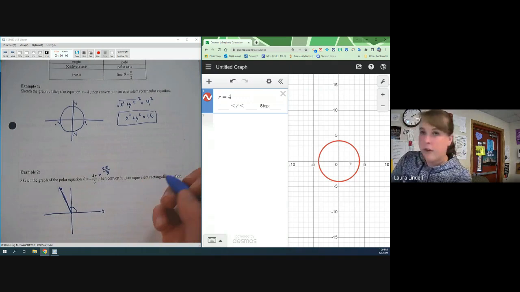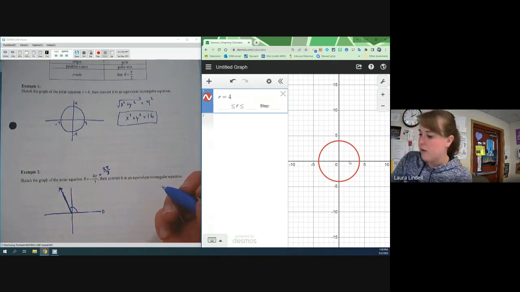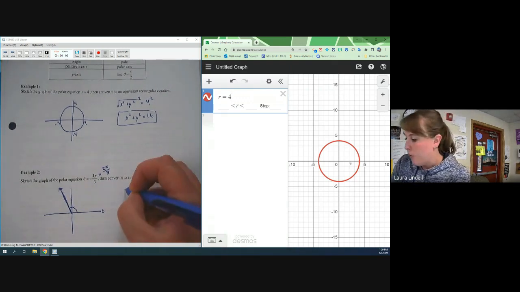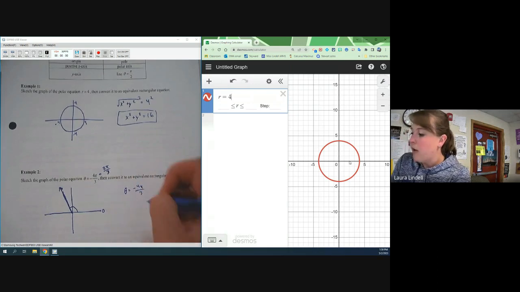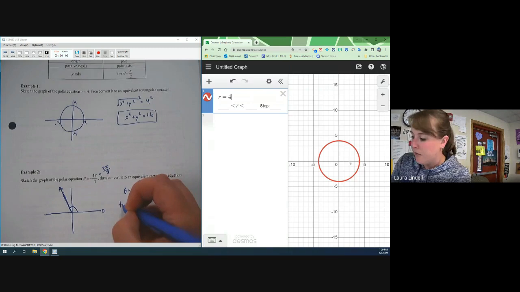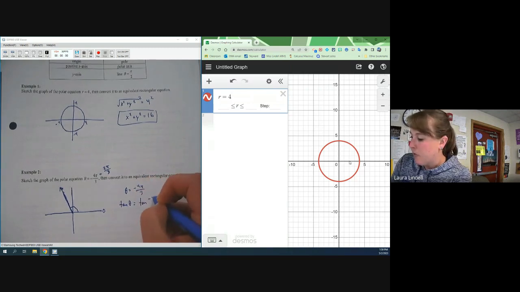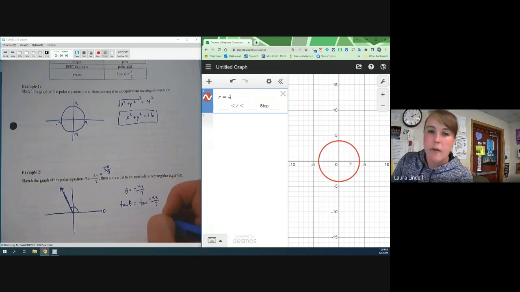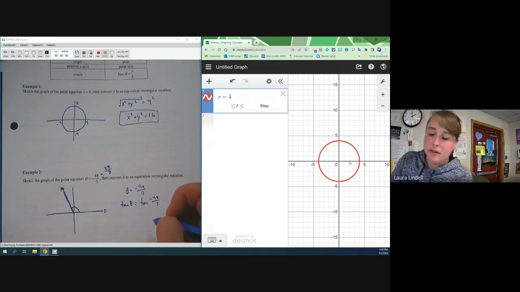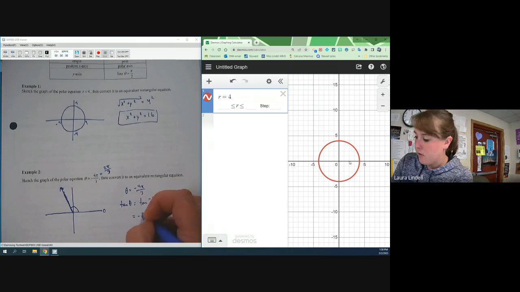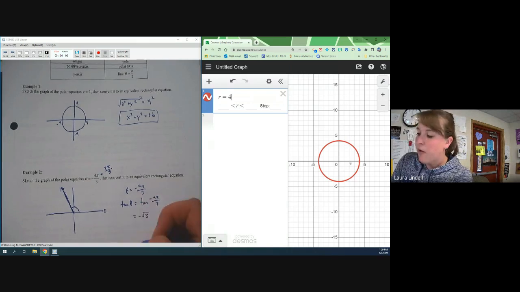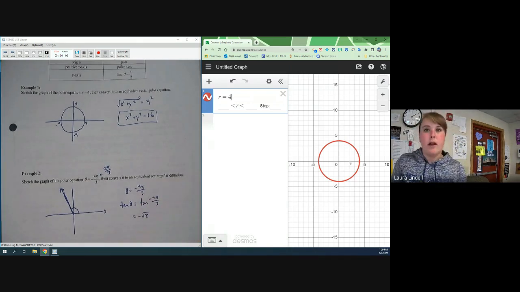And so if we were to convert it into an equivalent rectangular equation, we have theta equals negative 4 pi over 3. If you take tangent of both sides, you get tangent theta equals tangent of negative 4 pi over 3. Well, tangent of negative 4 pi over 3 is negative root 3. And also, we know that tangent theta is y over x.